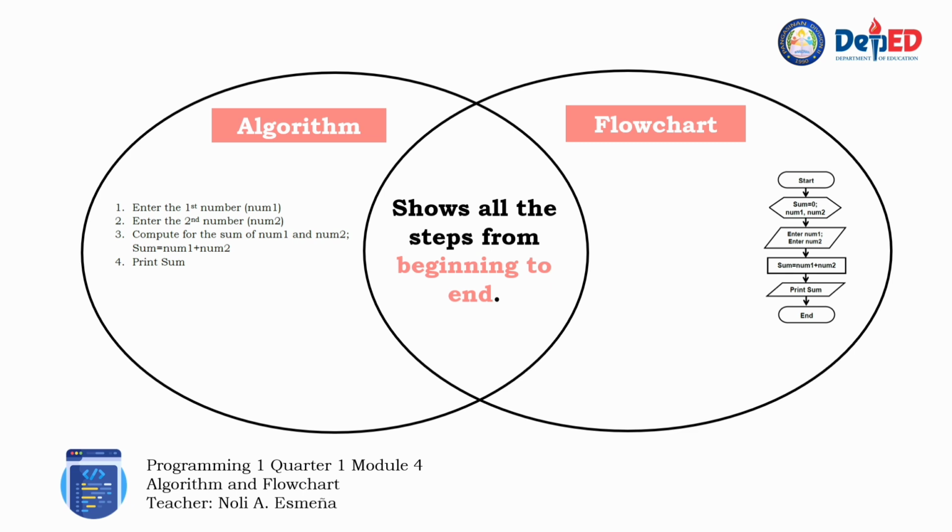These two are basically the blueprint of a program. However, as we can observe, algorithm is textual in nature, while flowchart is graphical. Now, the question is, how are they written? Let's start first on learning how to write an algorithm.